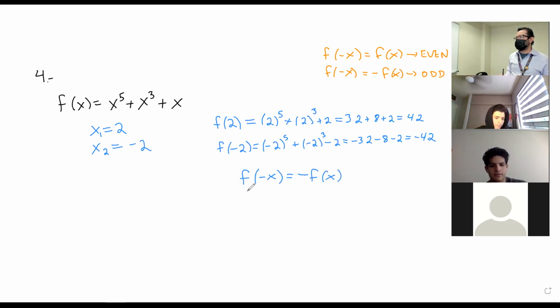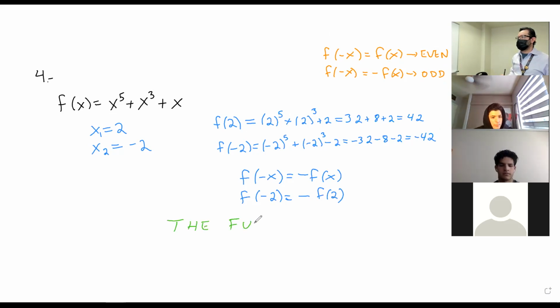Meaning f of minus 2 is equal to minus f of 2, then the function is odd. And that's the whole problem. That's what we needed to do.